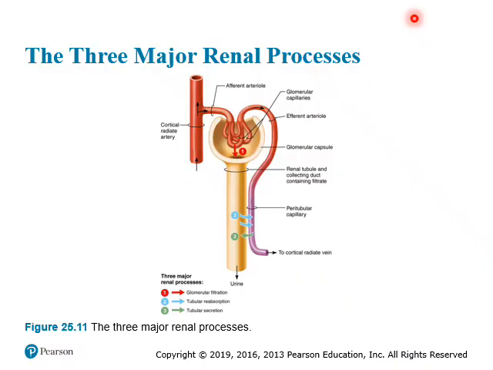Then you have what you call tubular reabsorption. This is the selective return of about 99% of the substances that were filtered through the glomerulus. 99% goes back to the blood. That's why this efferent arteriole is connected to the peritubular capillary.